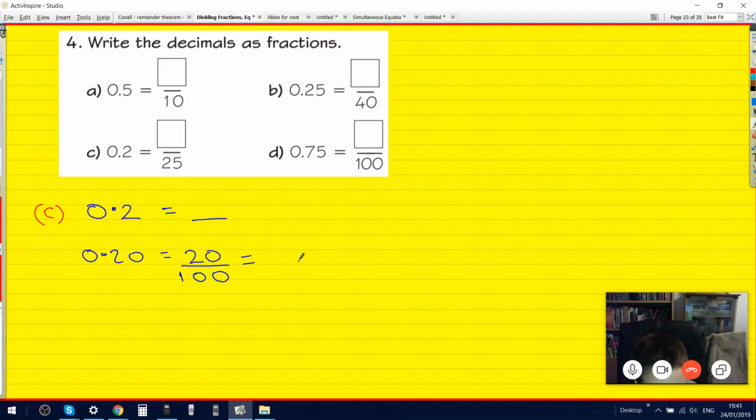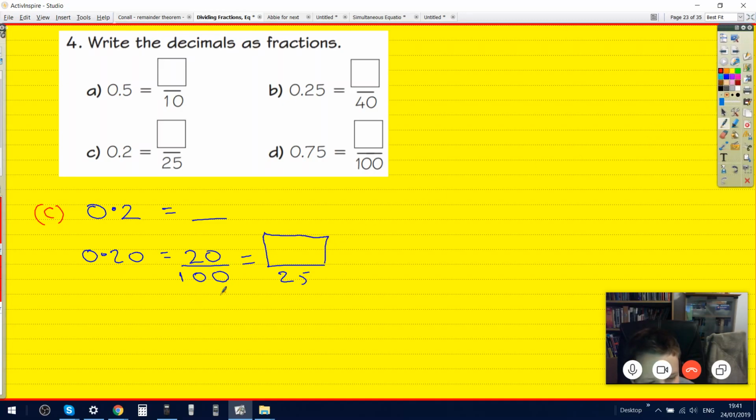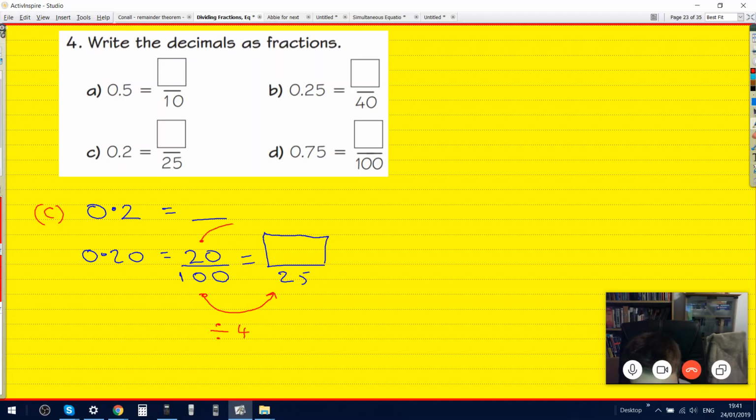So we have to somehow change that into something over 25. Well, 100 divided by 4 is 25. And so 20 divided by 4 is 5.